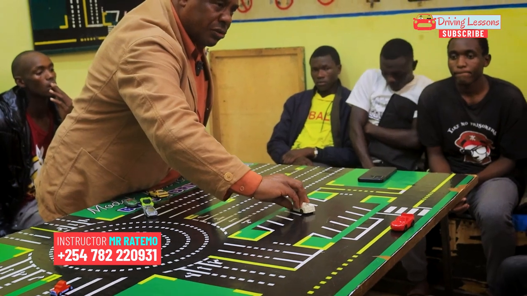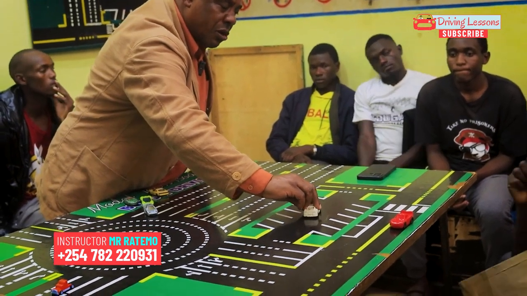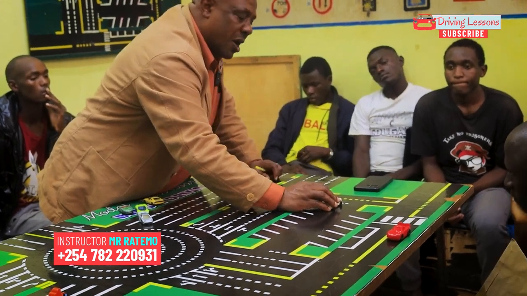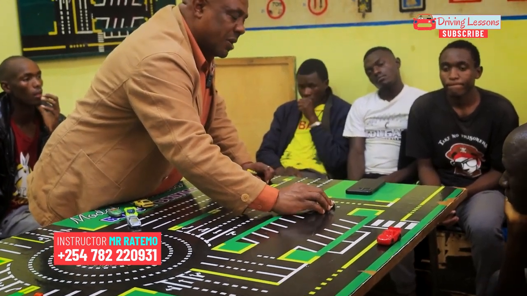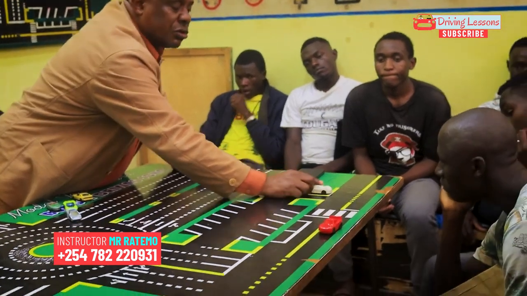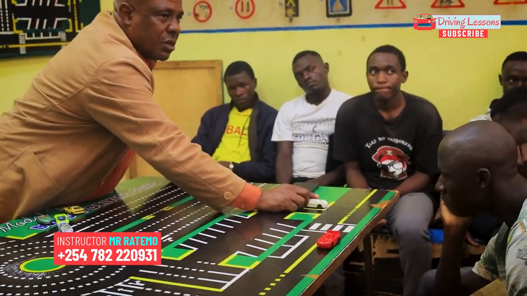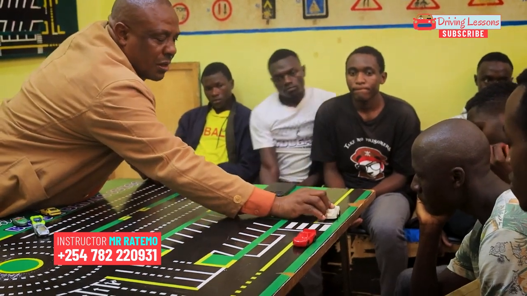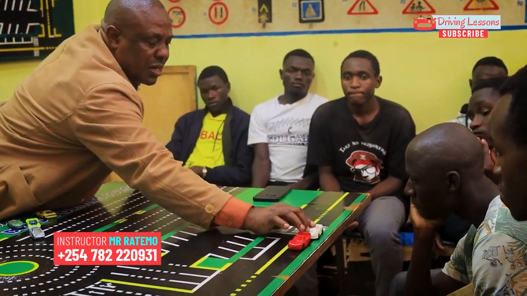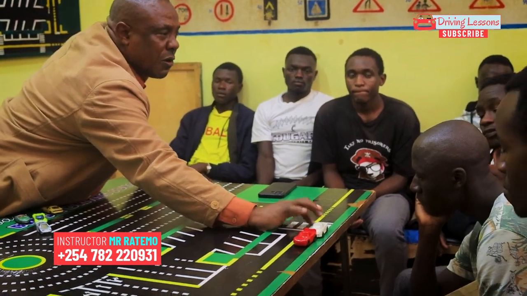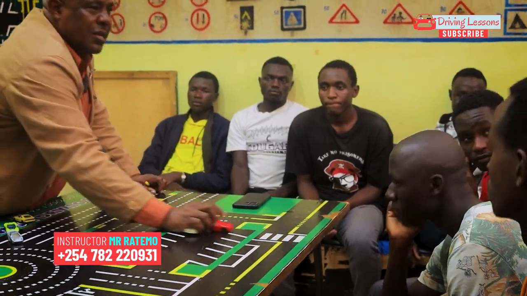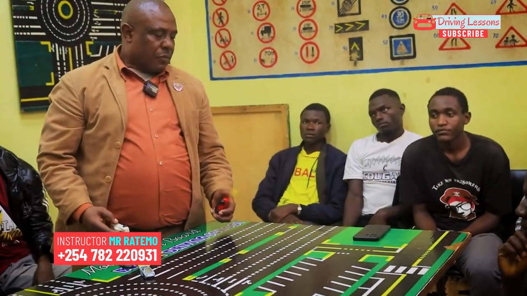Then reverse your vehicle, then stop to give way, then make sure you look right, left, then you cross, then you stop to give way. That means look right, left, right again. Cross the road and turn. Okay? You proceed, but make sure you don't stop on a pedestrian crossing. Have you heard it? Okay.